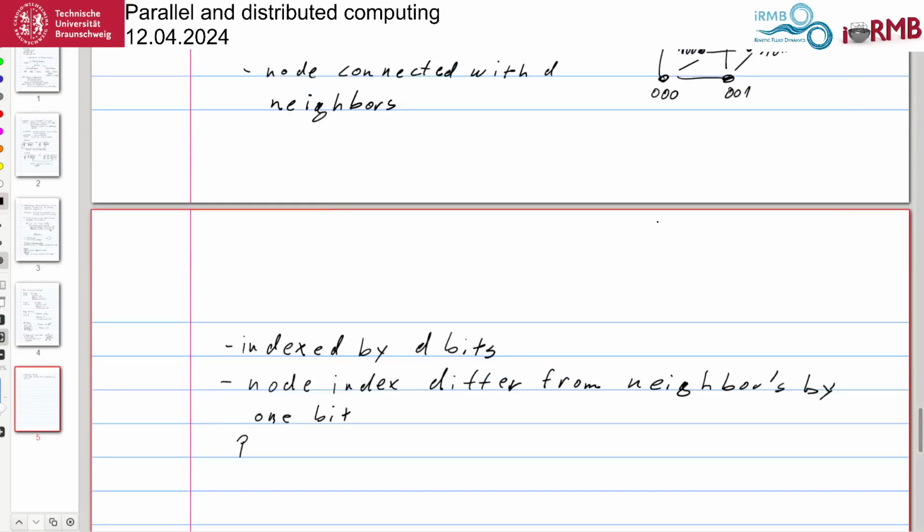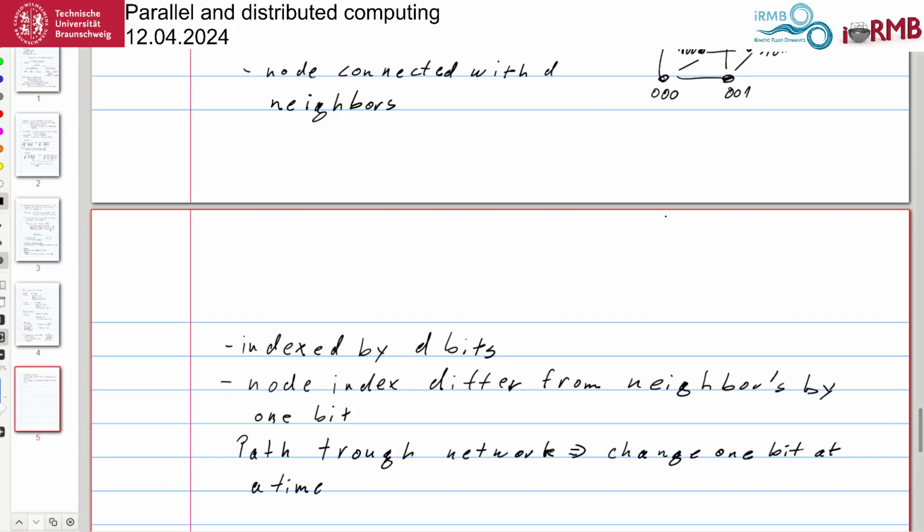The path through such a network is by changing one bit at a time.